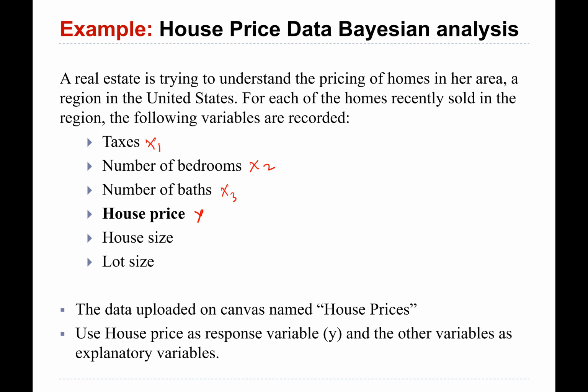X3 is the number of bathrooms. X4 is the house size. X5 is the lot size. Now we have 5 explanatory variables and 1 response. And we need to know which explanatory variable has some impact on the response and which one doesn't, using the Bayesian approach.